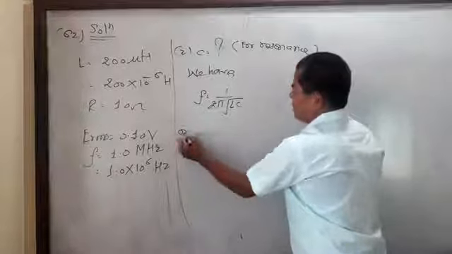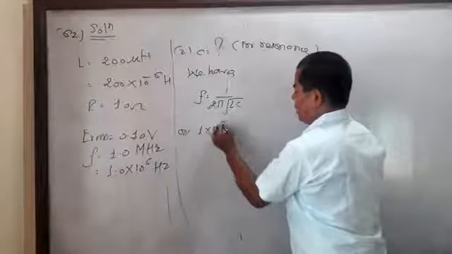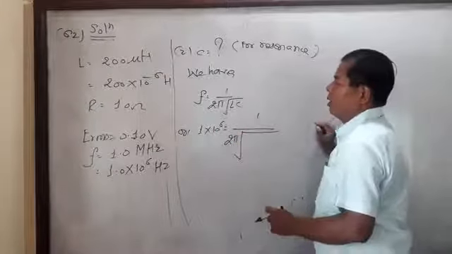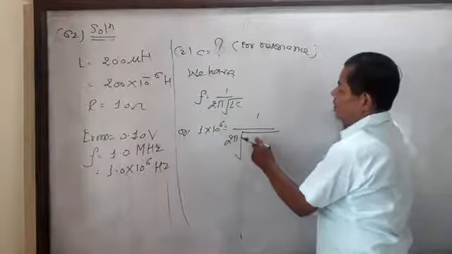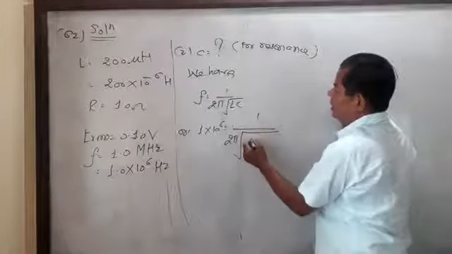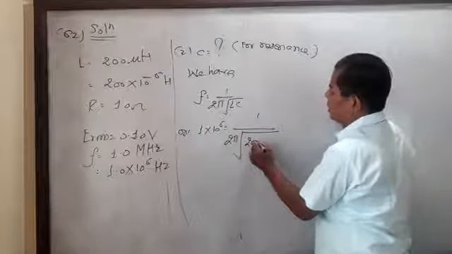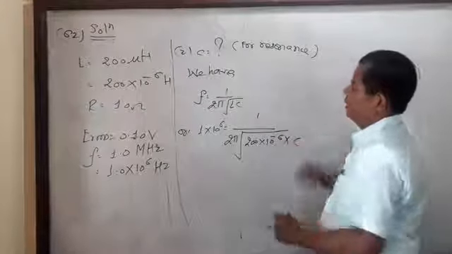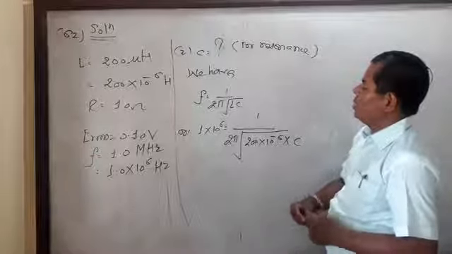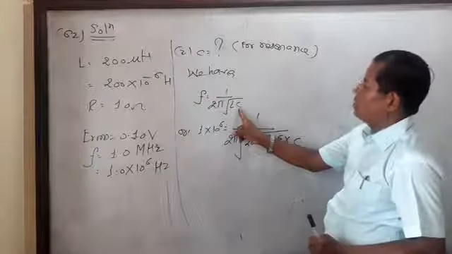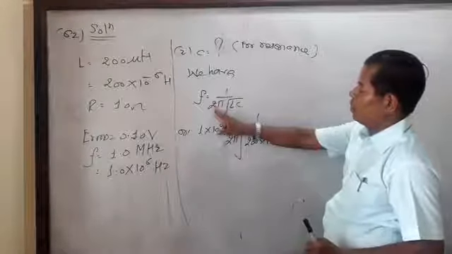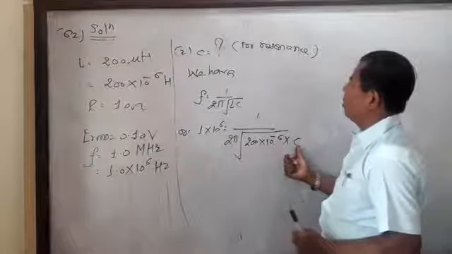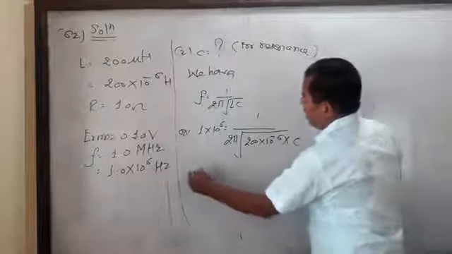Then the resonating frequency has value 1 into 10 to the power 6, equal to 1 divided by 2 pi root under L into C, where L is 200 into 10 to the minus 6 into C. Now see here in this question only the capacitance is unknown to us. 2 is known, pi is known, L is given, frequency is given, and C is the only unknown. Then solve and find the value of capacitance.